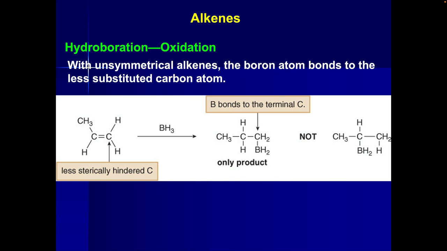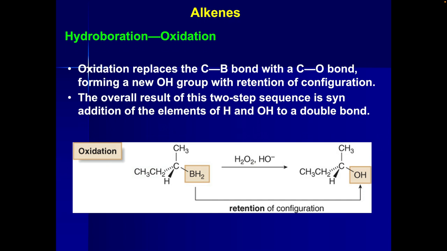And so when you then put it under the conditions to oxidize it, you end up putting the alcohol exactly where the boron was. So let's look at the example that they used. If I use water and sulfuric acid, catalytic amount, I'm going to get this product, where the OH is on carbon number 2.